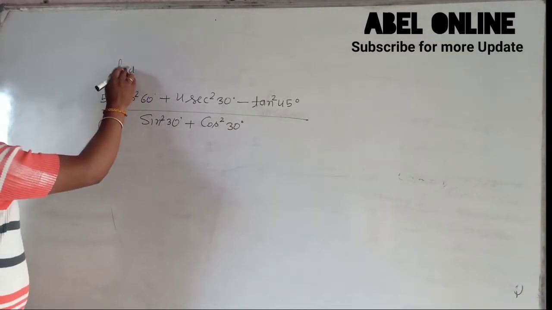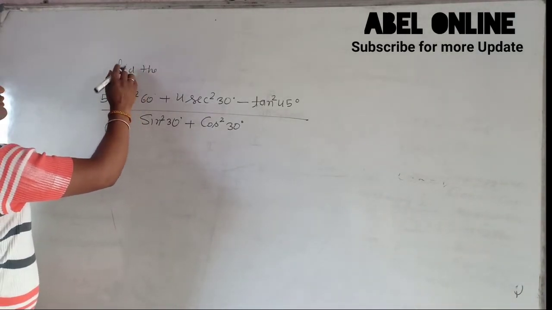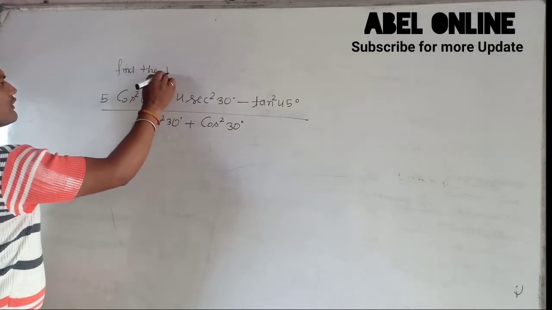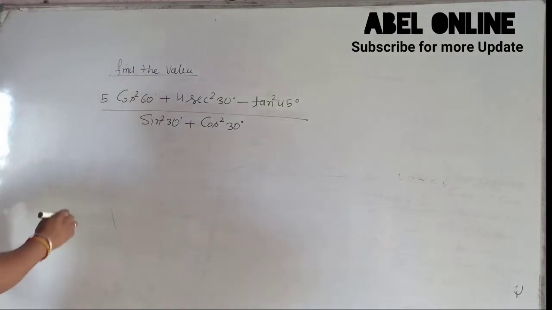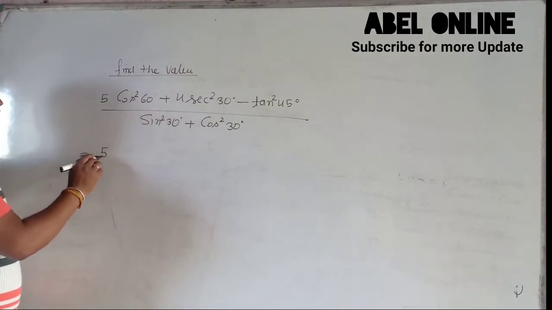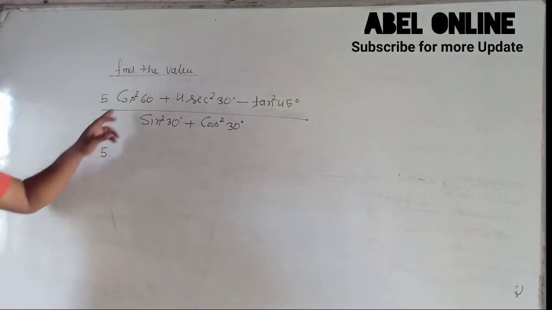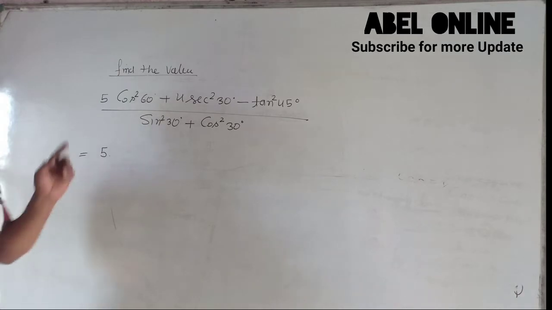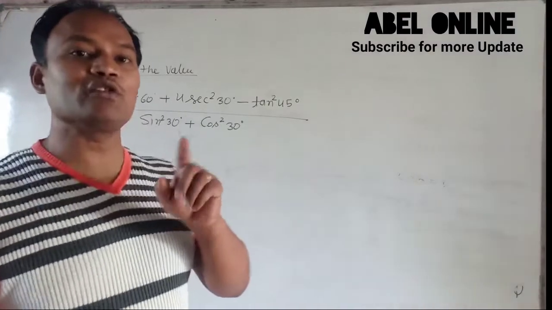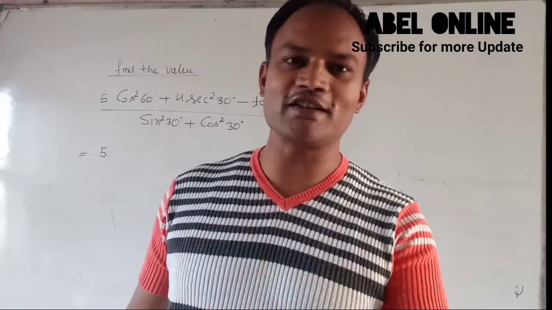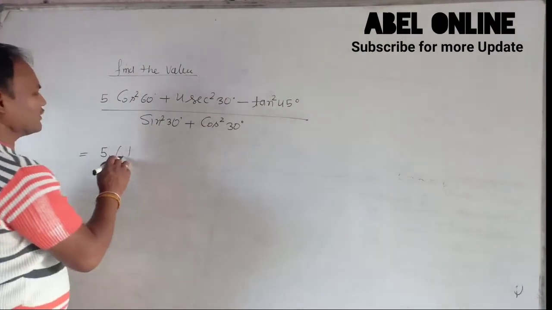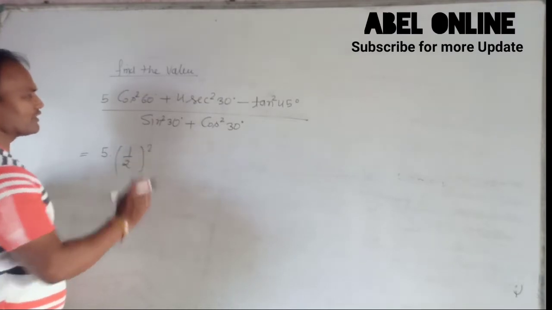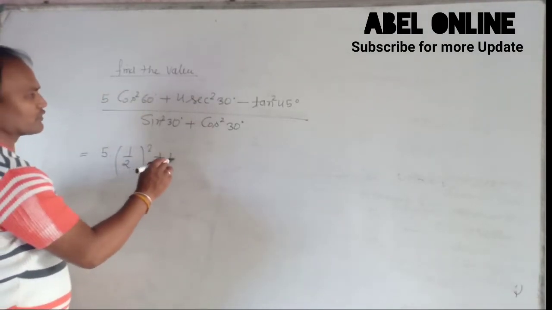Find the value. The value of cos 60 is the value of sin 30, and the value of sin 30 is 1 by 2. So we put here 1 by 2 power 2 plus 4.